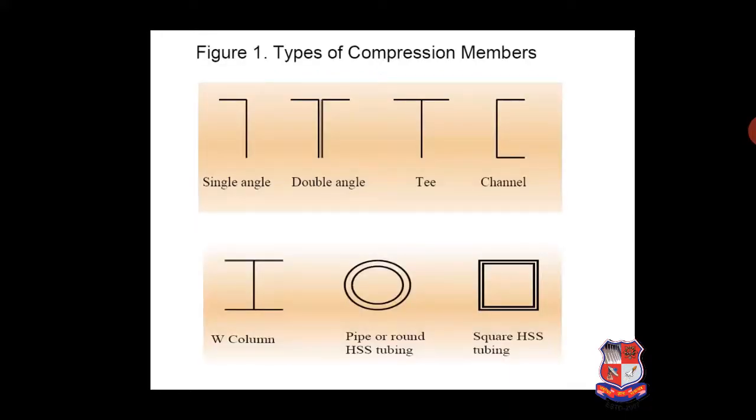Now what are the types of section we can use for a compression member? The shape of a compression member depends upon the availability of section, the connection problem and the type of structure. Various possible configurations that may be used as a compression member, as you can see in our figure: single angle, double angle, T, channel section, I section, circular section, rectangle section.